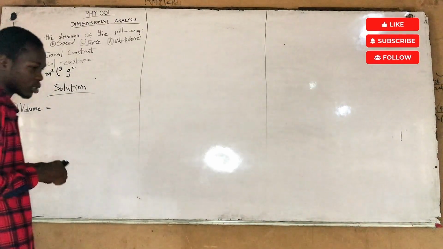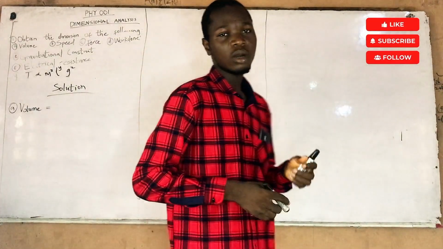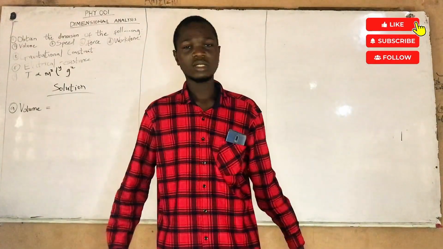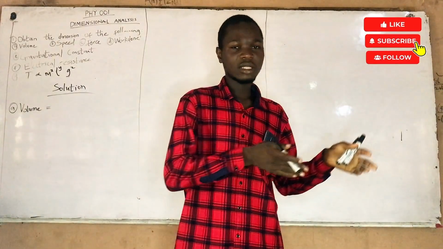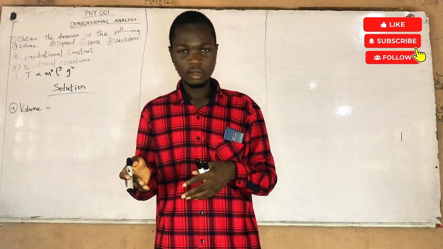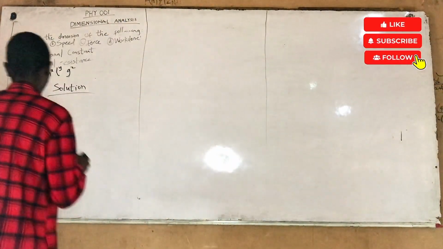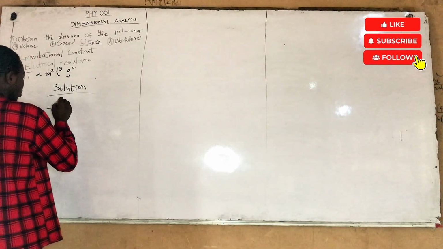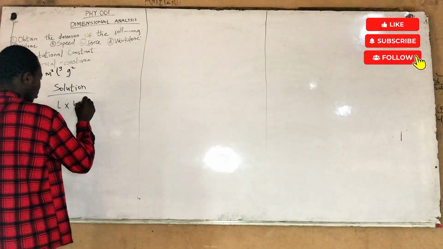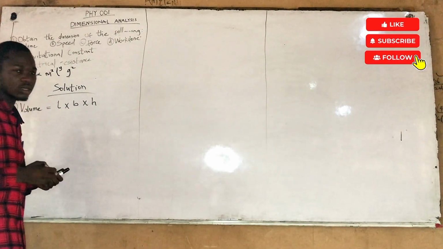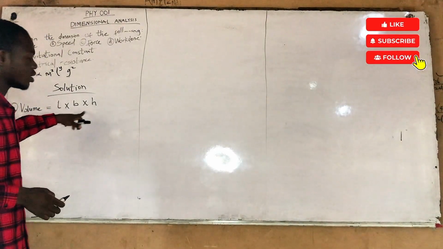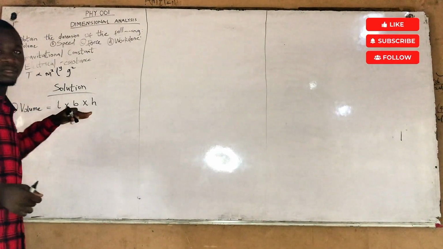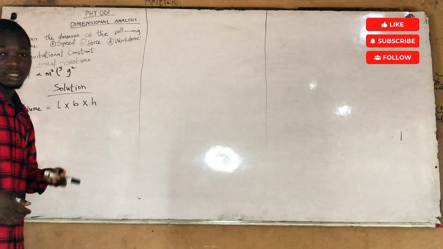We all know that when we talk about volume, we deal with three things. It can be length times breadth times height, right? So volume is length times breadth times height, alright? And if you look at this length, this breadth and this height, all of them are length, right?